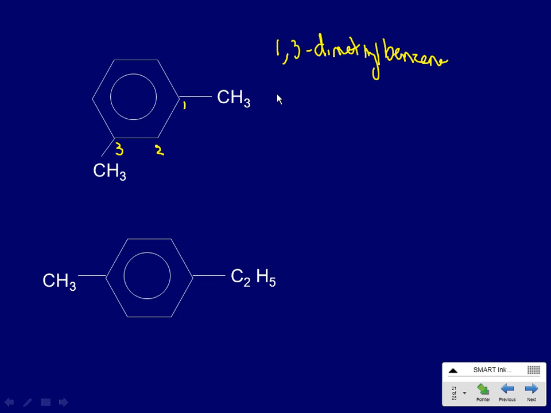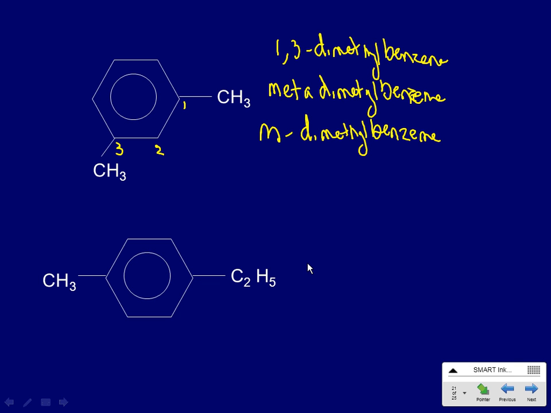And again, I use meta, starting with an M, means middle. That's the way I remember it, meta. So this is meta dimethylbenzene. Oops, dropped the Z. Benzene. Meta-dimethylbenzene, or M-dimethylbenzene.